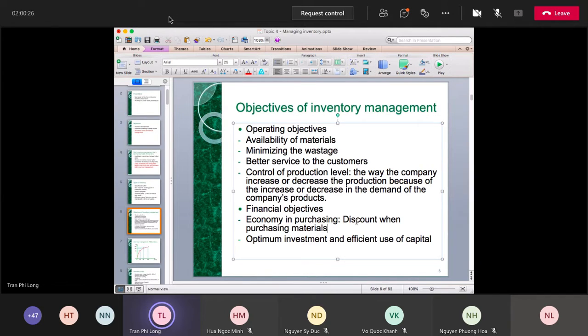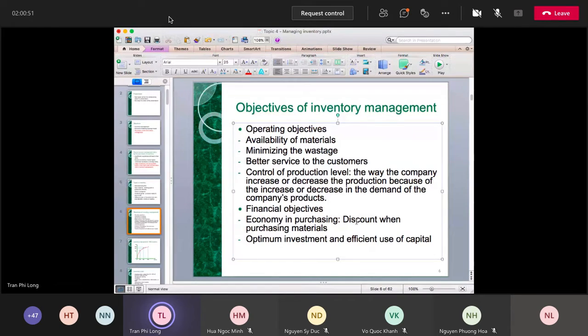For example, if you buy less than 1,000 products, you may not have any price discount. However, if you buy more than 1,000 products, you may have a 1 or 2% discount in the price. So inventory management is also related to the price discount when you purchase the materials.